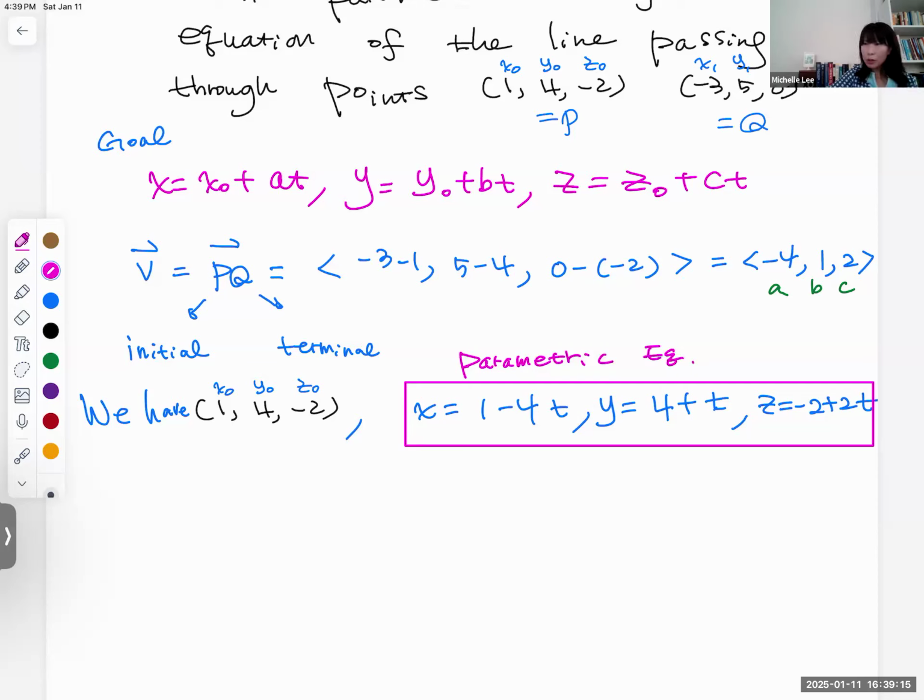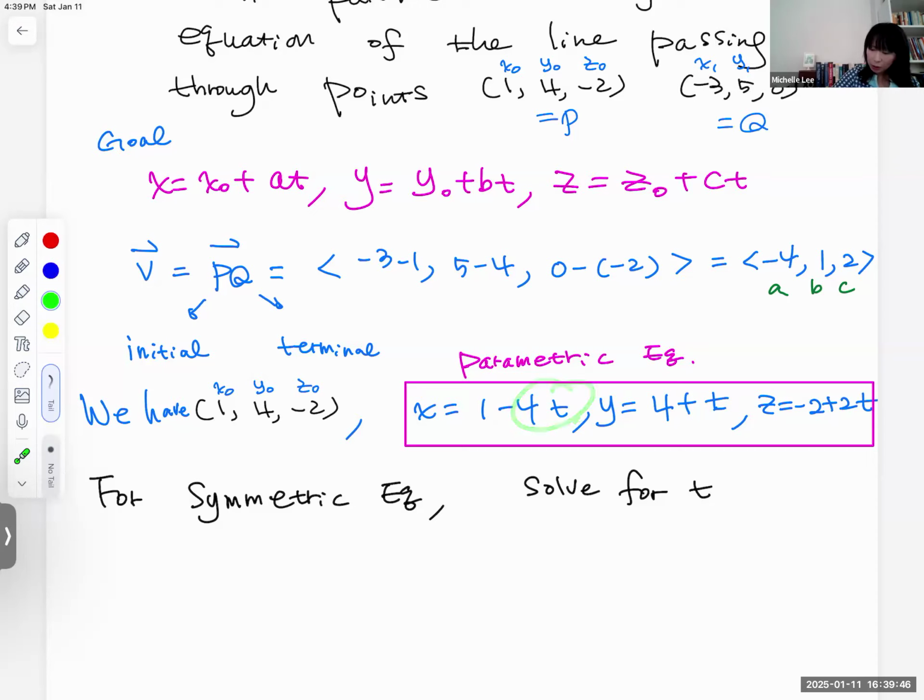Okay, now we want to solve for the symmetric equation. So for the symmetric equation, we need to solve for t, right? For the first one, we had x, move this one there and divide by -4 to solve for t.